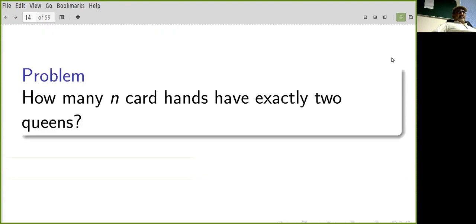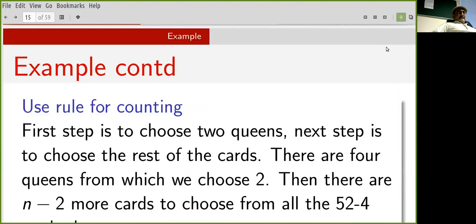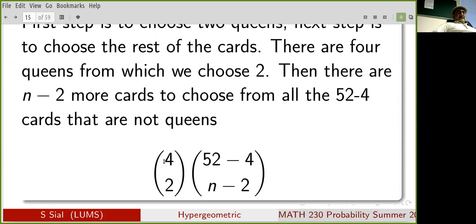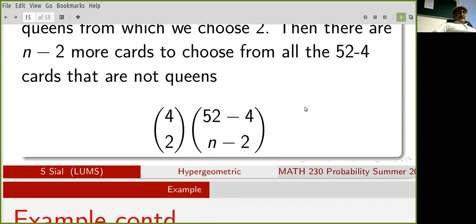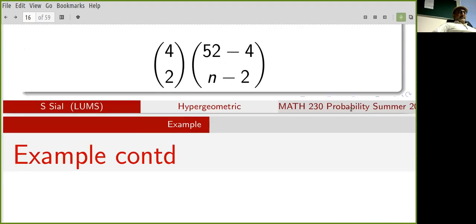So the number of such hands is 4 choose 2 times 52 minus 4 choose n minus 2.